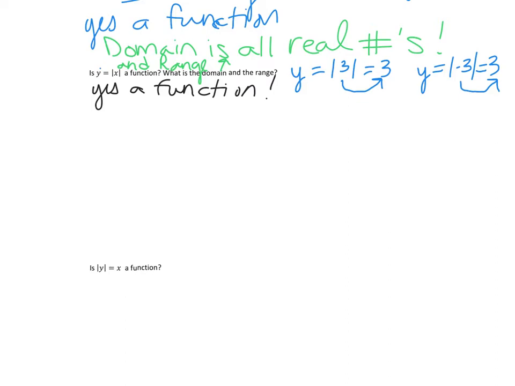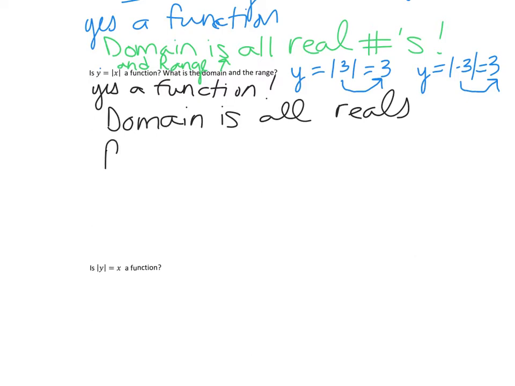Domain. Are we allowed to plug in anything for x values? Absolutely. Positive numbers, negative numbers, zeros, the whole shebang. And then what about the range? Can we get y equals 0? Yes. Y is allowed to be 0 because the absolute value of 0 is 0. So range includes 0.